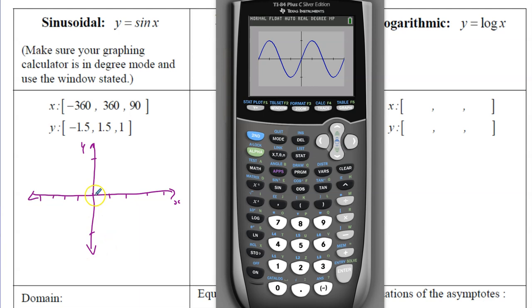Okay, so a sinusoidal graph does, I don't know what it does. I'm putting some points down so I can actually get a reasonable sketch.